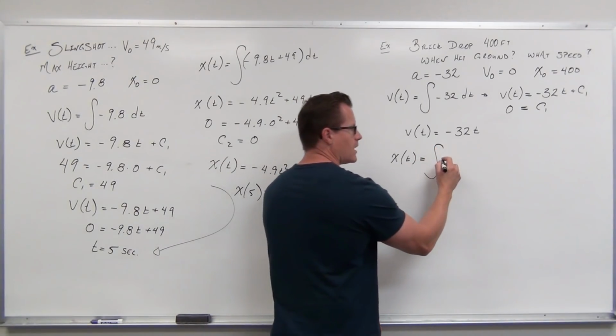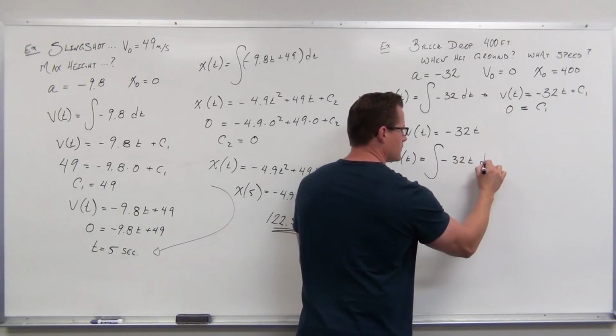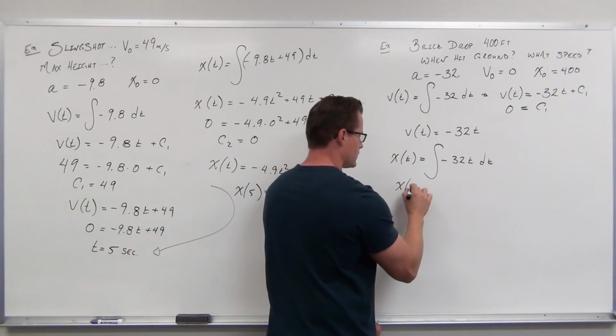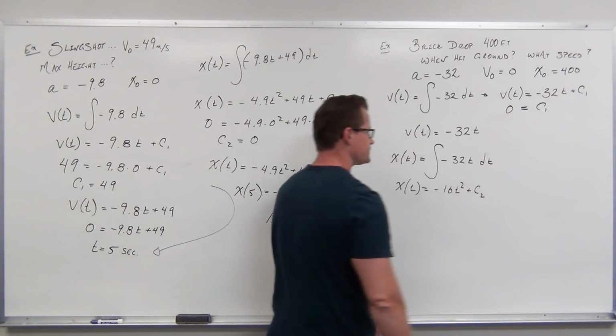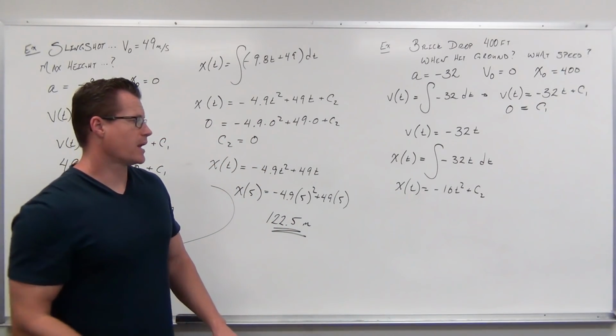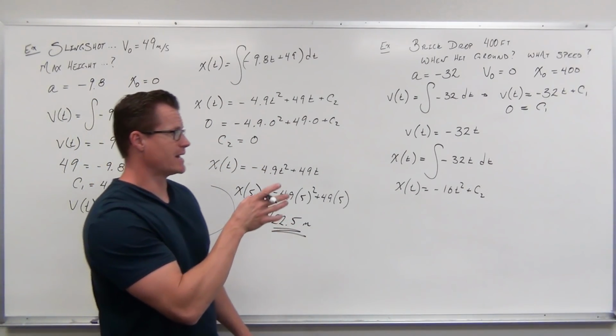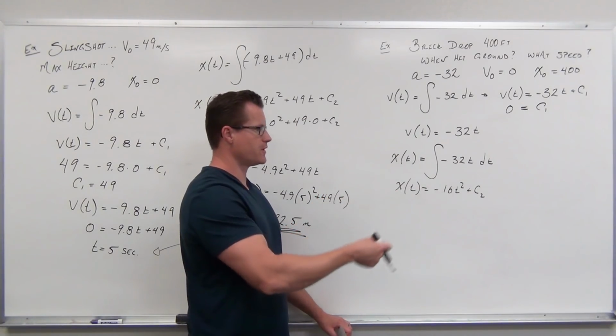Position is an integral of velocity. So we're just going to integrate, but we do know our initial position. At time of 0, we're at 400 feet.